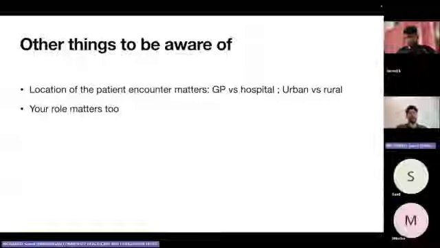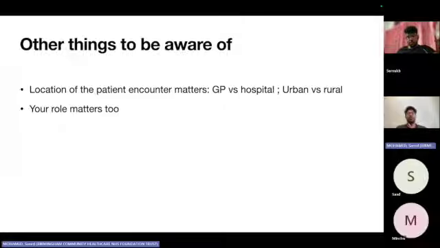And then the other thing is that your role matters as well. For example, in some situations you are an FY2 in a GP surgery. Some situations you are a registrar in a GP. So it depends on what your level is. Because most of the time this is at the level of a fresh graduate, it's quite important for you to be aware that you're not expected to manage everything.